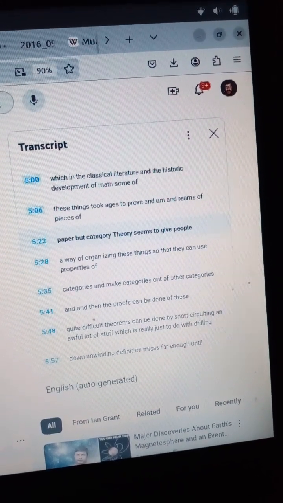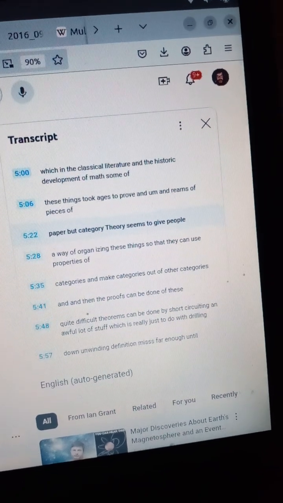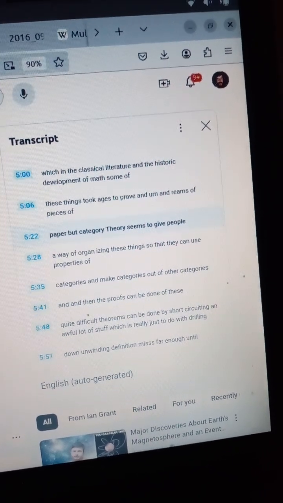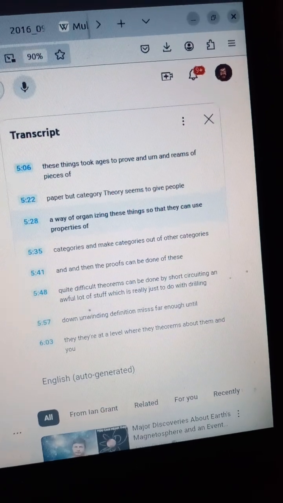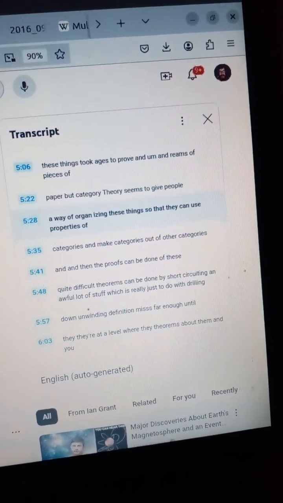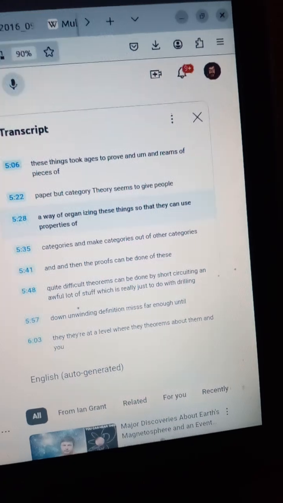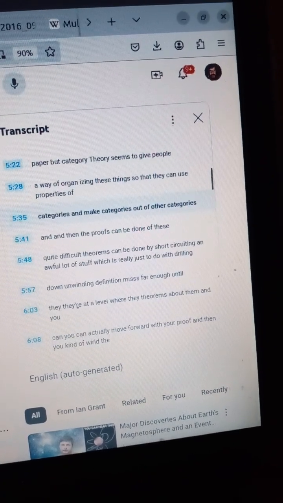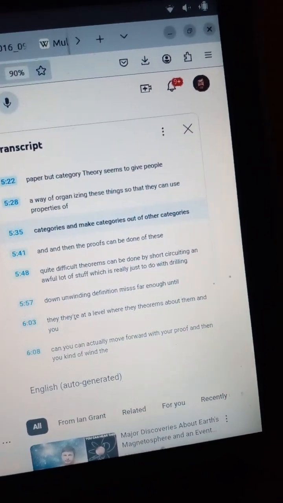But category theory seems to give people a way of organizing these things so that they can use properties of categories and make categories out of other categories.